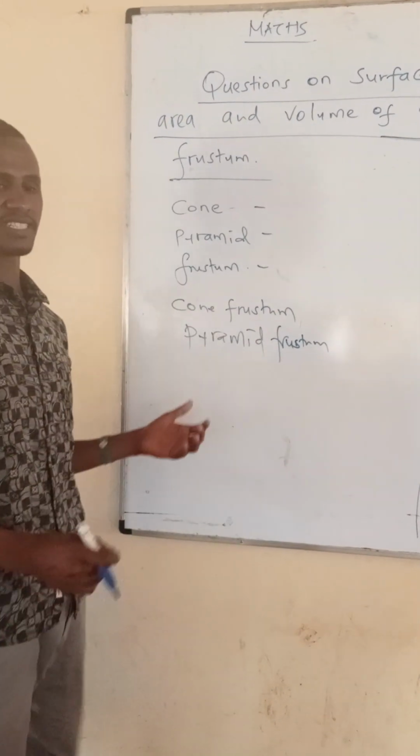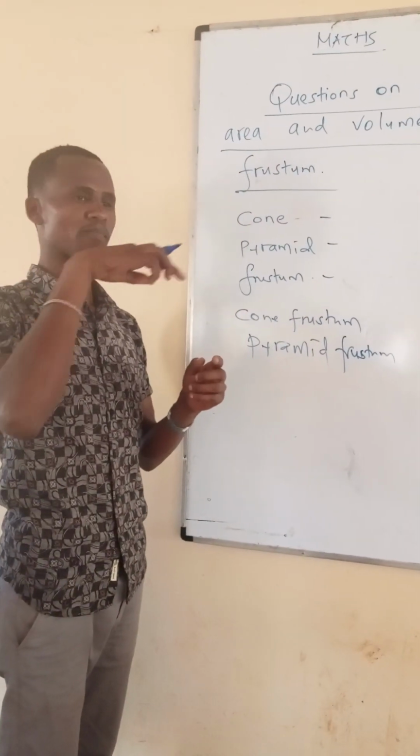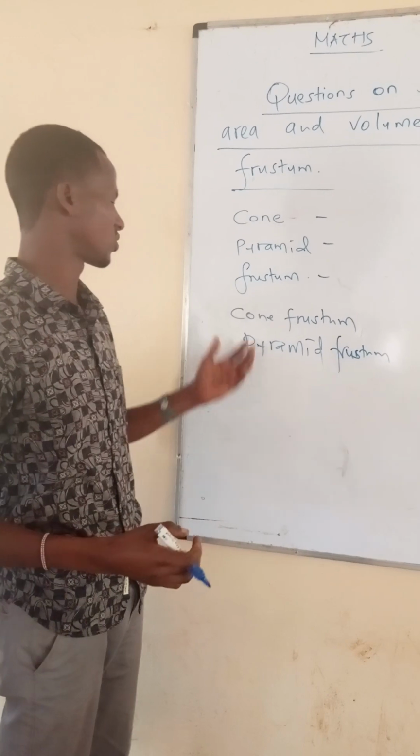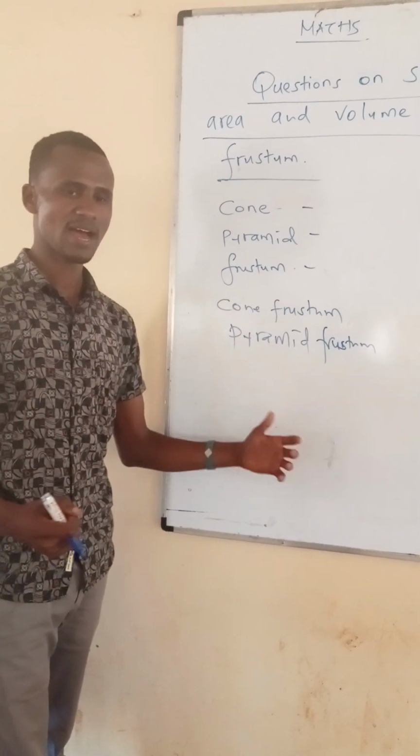A cone frustum is the one that is made from a cone. When you cut a cone along a plane that is parallel to the base, you get a cone frustum. While a pyramid frustum is a frustum that is made from a pyramid.